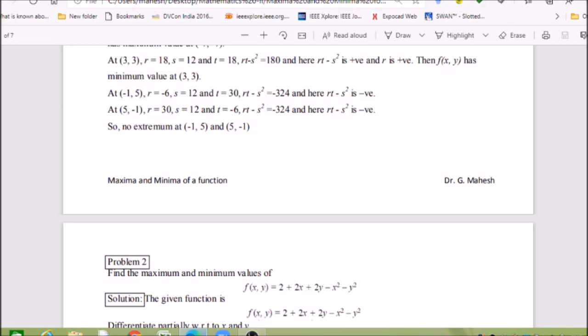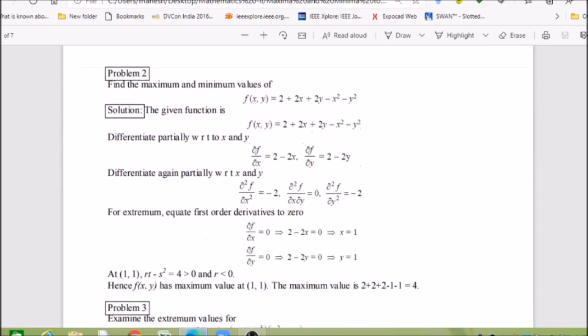Here rt − s² is negative. So at these two stationary points we cannot get any extremum values.